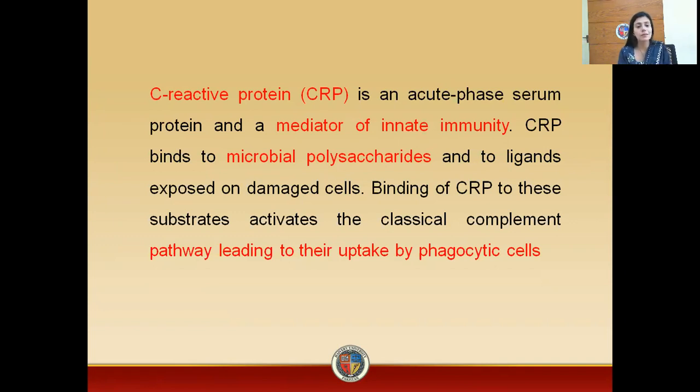This C-reactive protein will bind to microbial polysaccharides. You know, the microorganisms are composed of polysaccharides. These CRPs will bind to the polysaccharides of the microorganisms, and then they will lead these microorganisms towards the phagocytic cells.